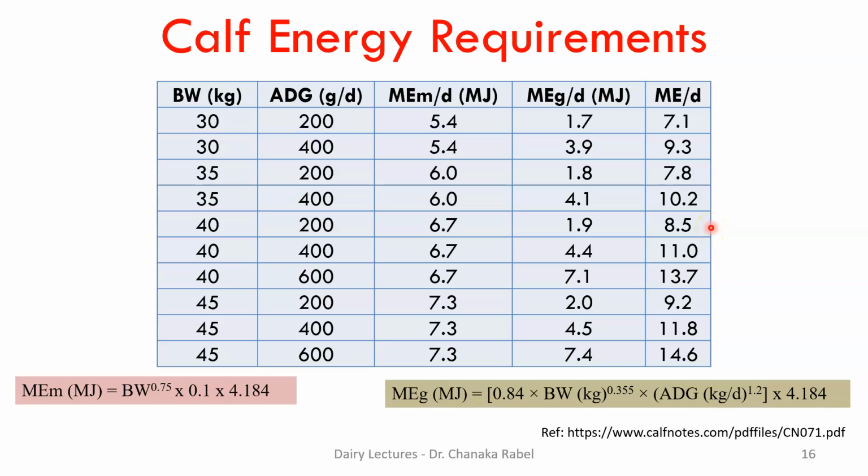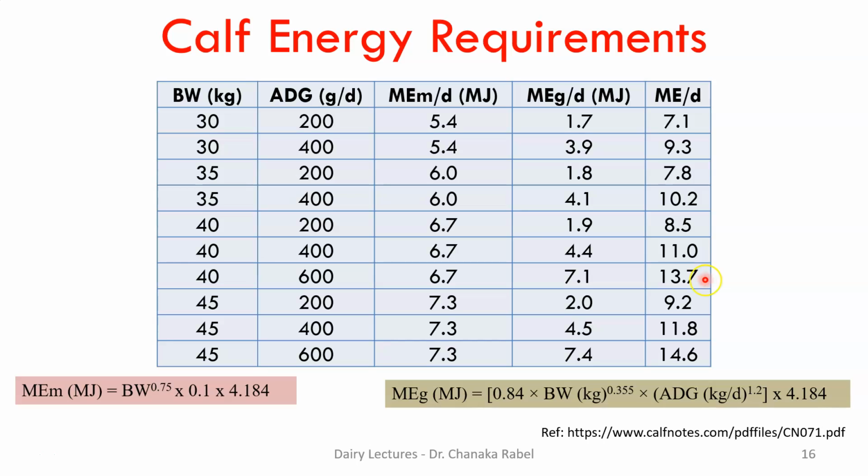So let's say with 3 liters, you can get 8 megajoules. And so this 40 kilogram animal is only gaining 200 grams, because the animal gets only 0.5 from calf starter, let's say 100 grams. And this animal is gaining 600 grams per day because it gets 8.5 from the milk and another additional 5 from calf starter. So very simple.